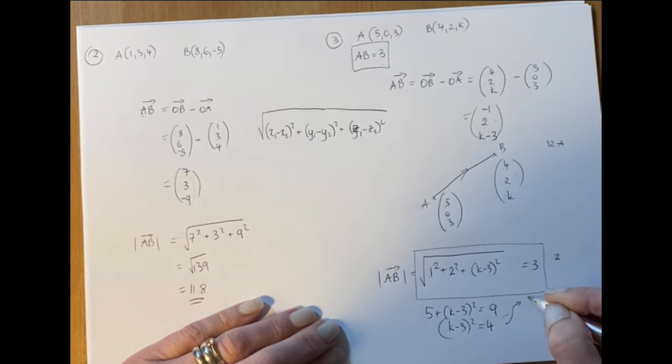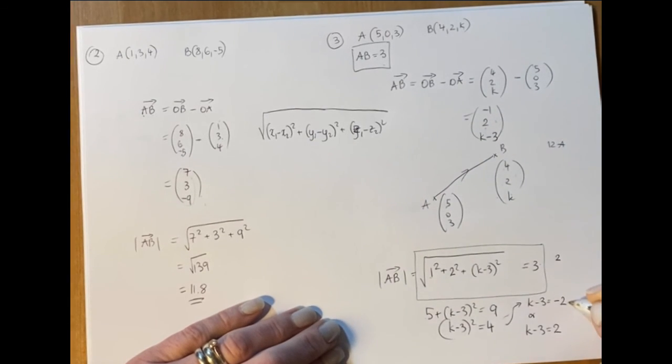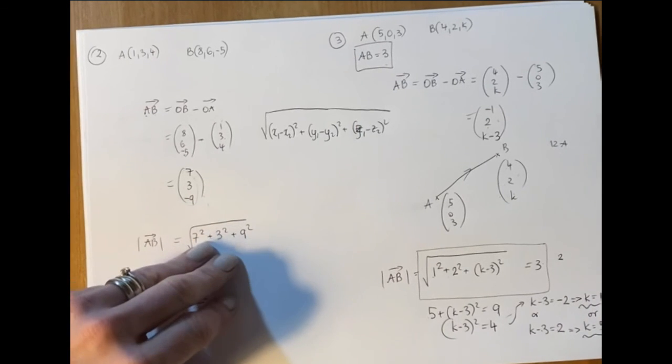So that gives me k minus 3 is equal to minus 2, or k minus 3 is equal to 2. This takes us to k is equal to minus 2 add 3, which is 1, or k is equal to 2 add 3, which is 5. So these are the possible values of k.